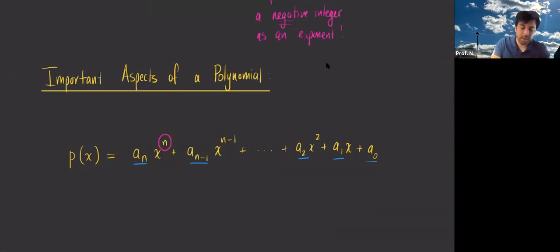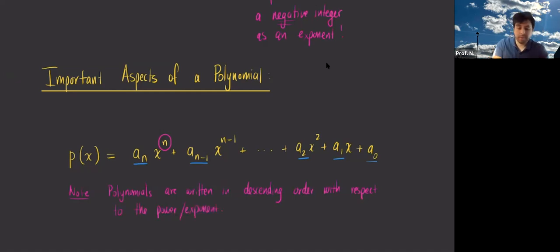So normally polynomials are written, just a little note here, in descending order with respect to the power or the exponent.